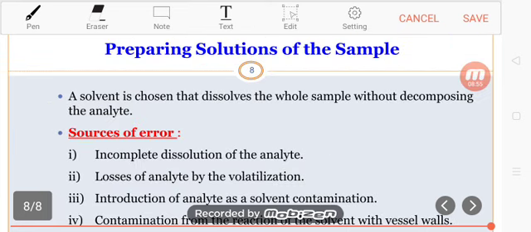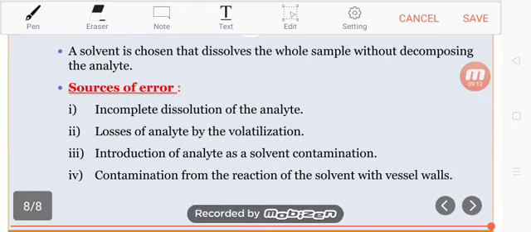Okay, and the last part is preparing a solution of the sample. A solvent is chosen that dissolves the whole sample without decomposing the analyte. So it's very important to choose the right solvent.